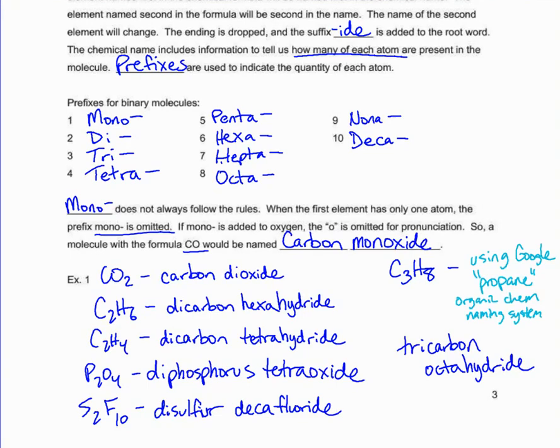If you Google this, it's probably not going to give you this chemical name. And so you want to be careful. And I don't know how many people out there are just Googling their homework questions, but I know it happens sometimes. So if you Google it, it's going to give you an entirely wrong name. And so just be careful.